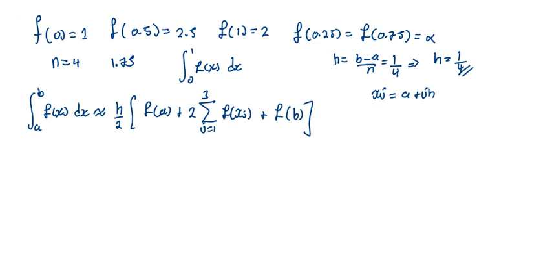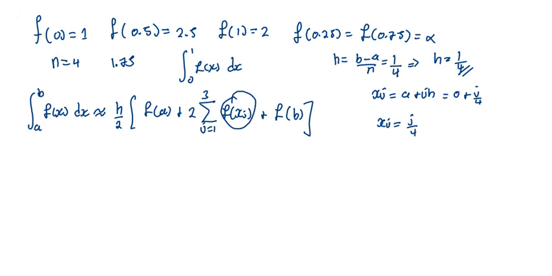Remember our a is 0, so this is 0 plus j times h, and h is 1 over 4, so x sub j is equal to j over 4.